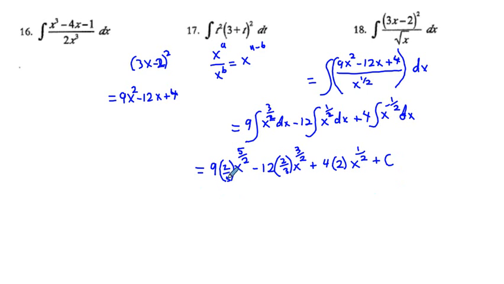So now it's just a matter of cleaning up. 9 times 2 over 5 is 18/5 x to the 5/2 power. And then 12 times 2, which is 24, divided by 3, which is 8. So we have 8 x to the 3/2 power.